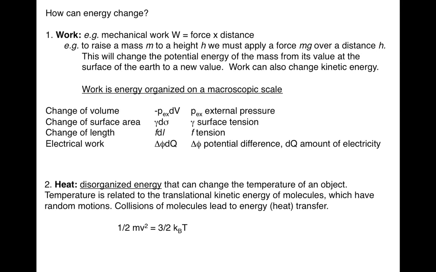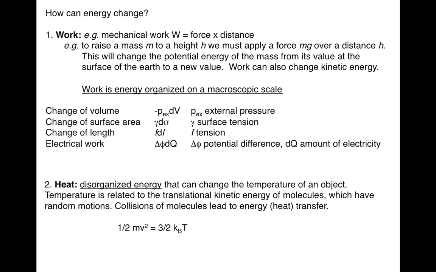And some examples, you can have a change of volume. Again, the example of pressure-volume work, pushing on a cylinder in an engine. You can change surface area, so there's a surface tension, and then times the change in area is work. You can change length, so you have tension operating over some length, and all these changes happen in cells.